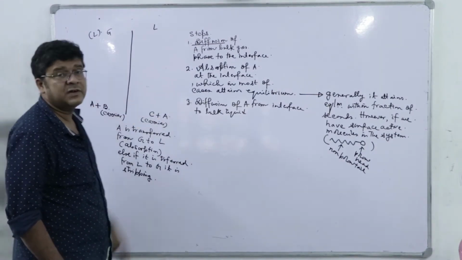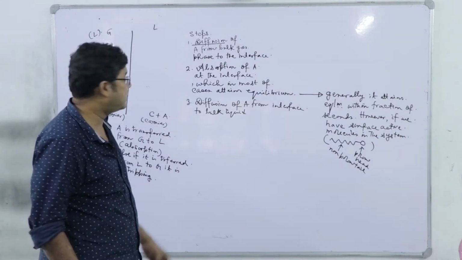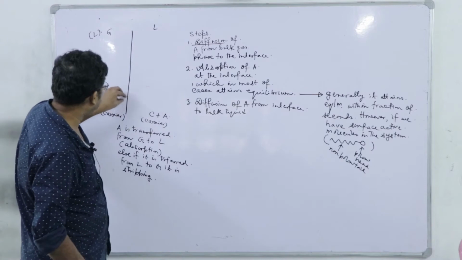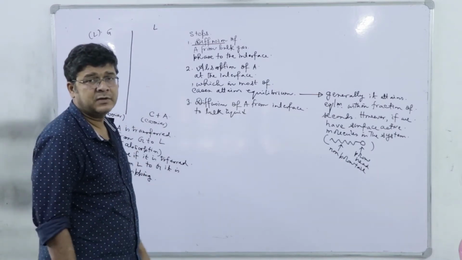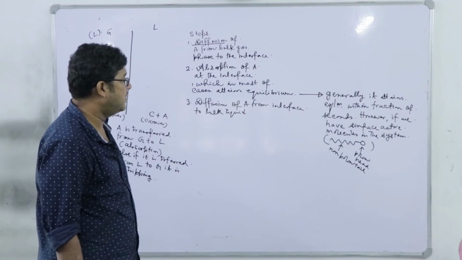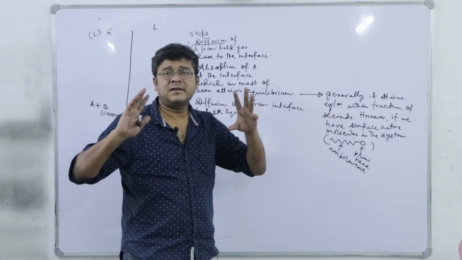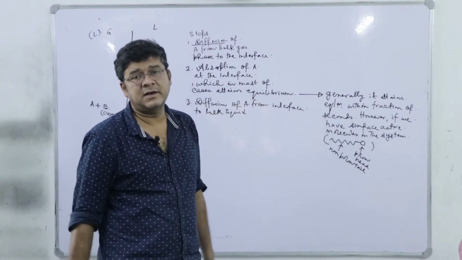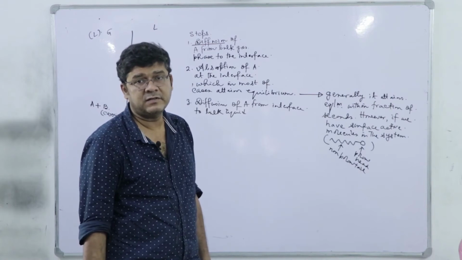Whereas the reverse will happen if I have an aqueous solution. Water being a polar solvent, the head will be here and the tail will be in the gas phase. So, whenever we have surface active molecules, they have a tendency to accumulate at that interface, and as a consequence they give rise to interfacial resistance, right.